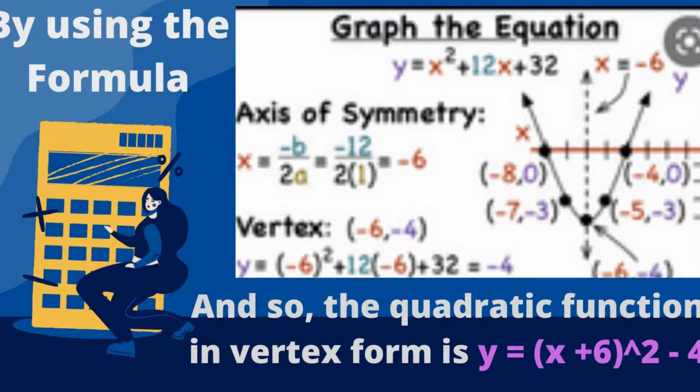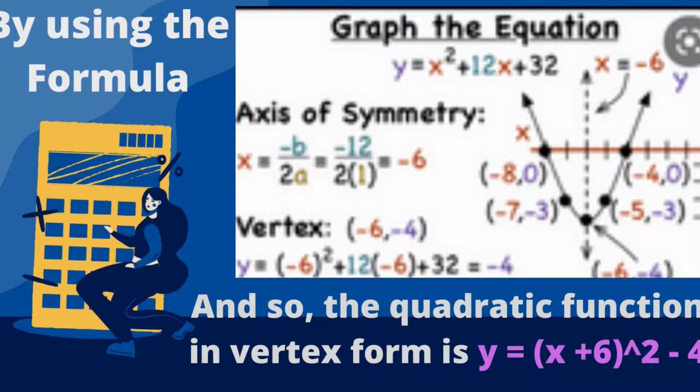And so, y equals negative 6 squared plus 12 times the value of x, negative 6, plus 32. To summarize that, the answer there is negative 4. As you can see, you have now the vertex, and the vertex is negative 6, negative 4.